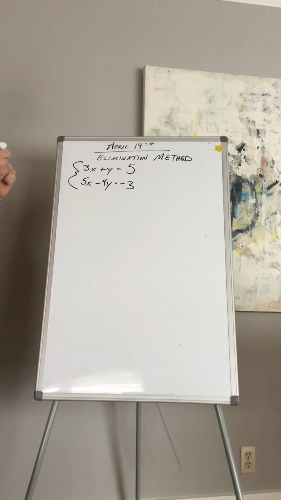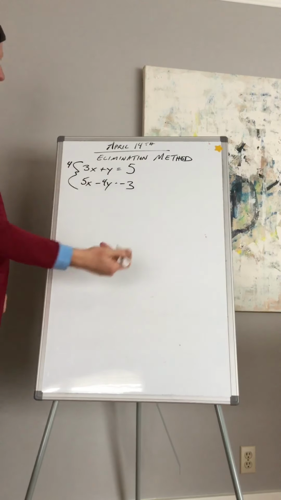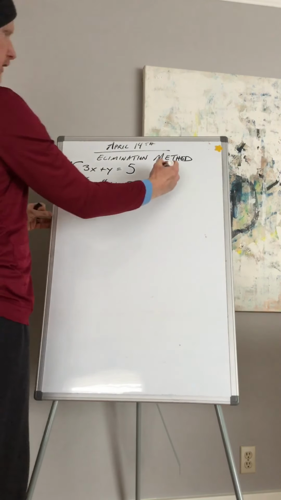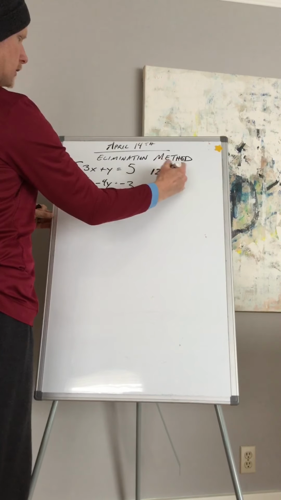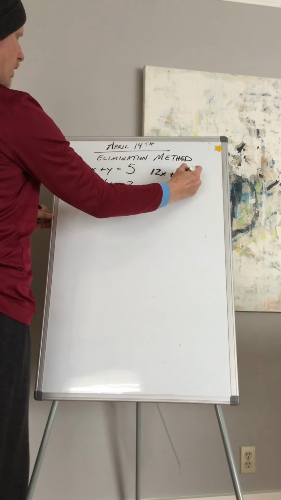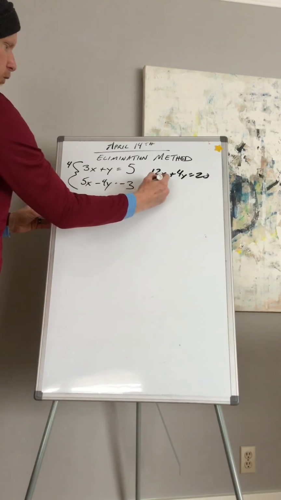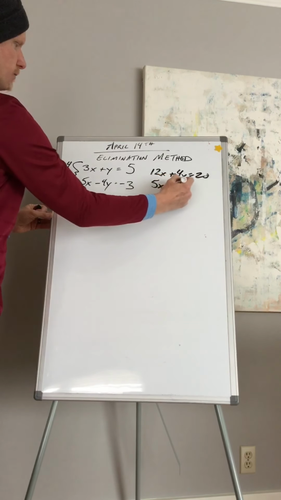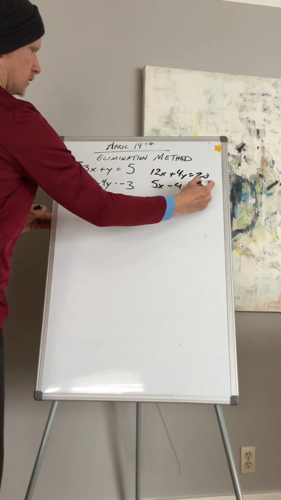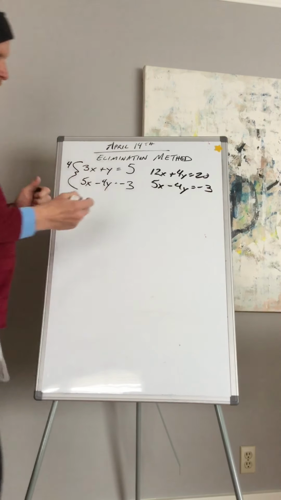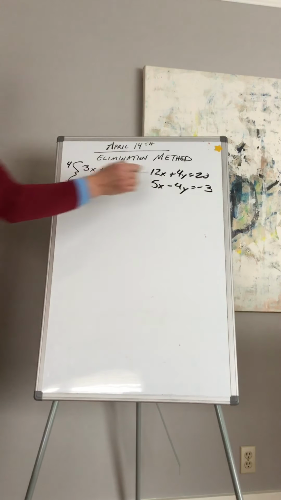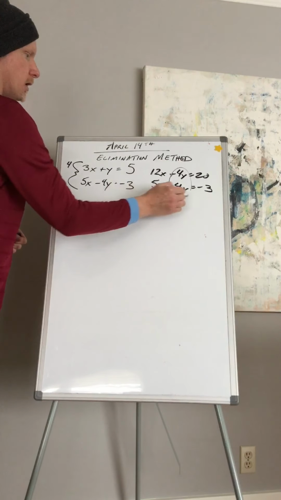Here we go. If I multiply this top equation all by 4, guess what it looks like? It'll look like 12x plus 4y equals 20. And my bottom one is still 5x minus 4y equals negative 3. So here I have opposites.